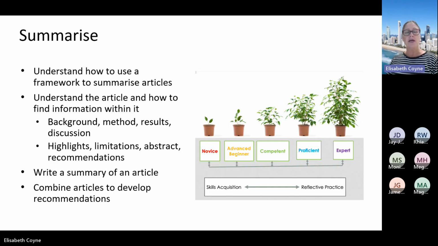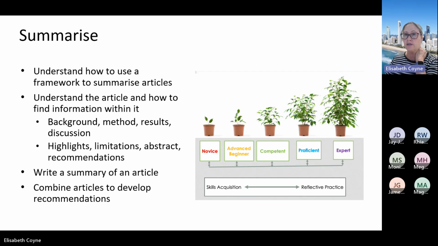So in this next one, you should be able to know where to look for things in a research article, what the highlights, limitations, abstracts and recommendations are, and also how to write a summary, and how to combine articles for recommendations.